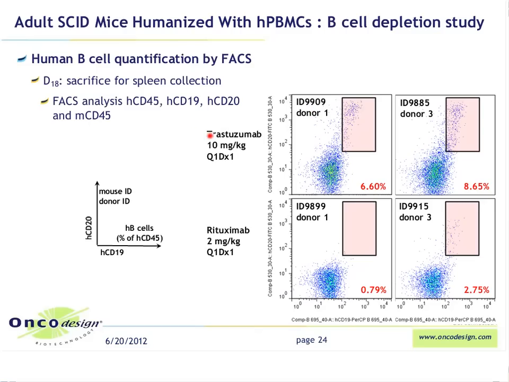Then the control groups treated by trastuzumab with 2 different PBMC donors, we observed 7 to 9% of B cells in mouse spleen. And after treatment with rituximab at 2 mg per kilogram, single dose, we observed a very nice decrease of these B cells down to less than 1%, or 3% for the same donor, then donor 1 and donor 3.